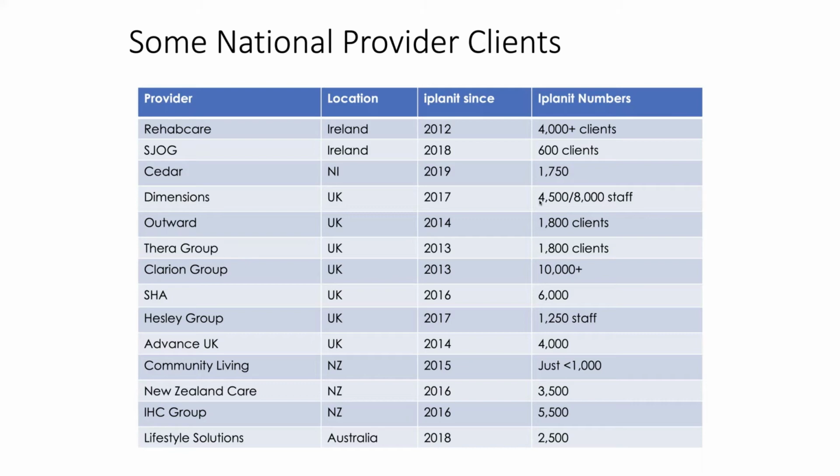We have provider clients who support 50 to 100 people. But this is just to give you an example that even large organizations can roll out an iPlanet that reflects all of their processes across so many staff and so many people that they support, and that we're doing that in the UK, Ireland, Northern Ireland, Australia, New Zealand, and so on.